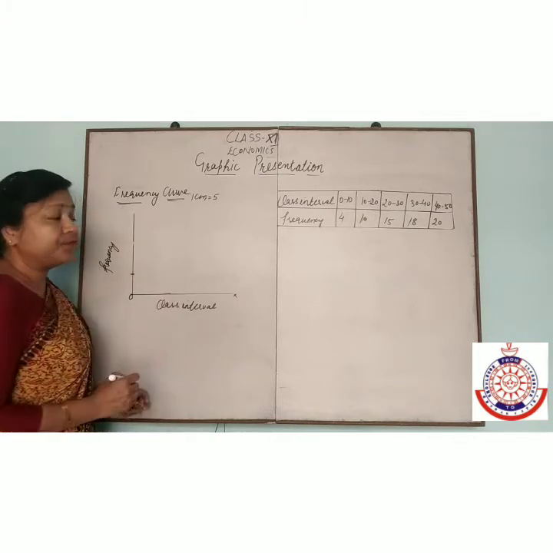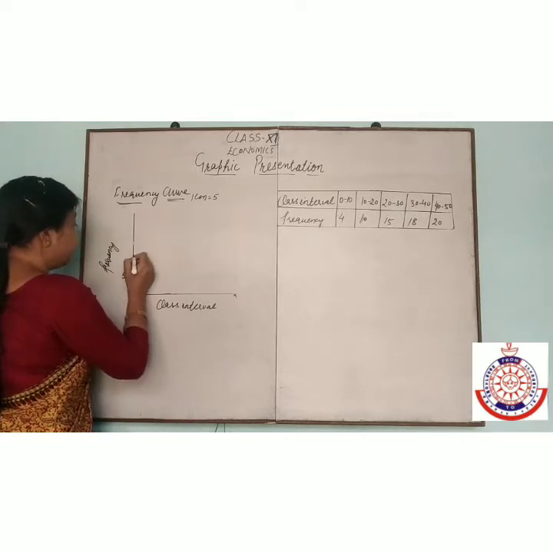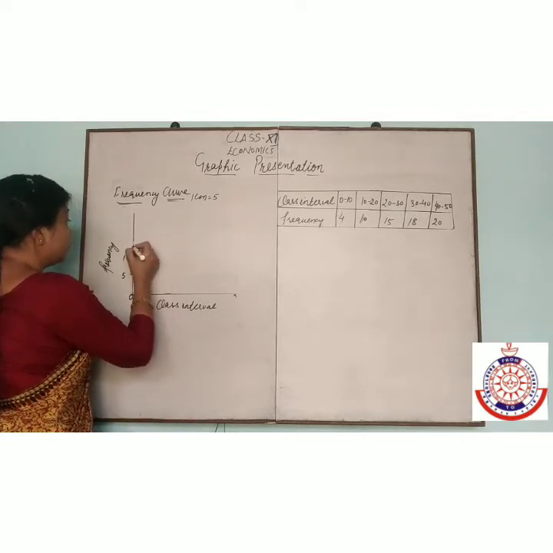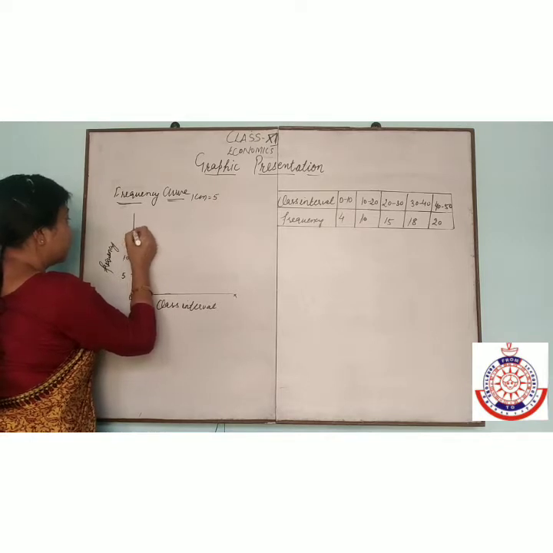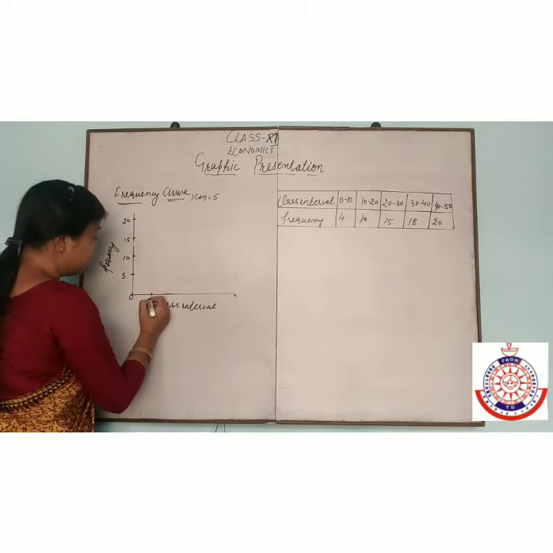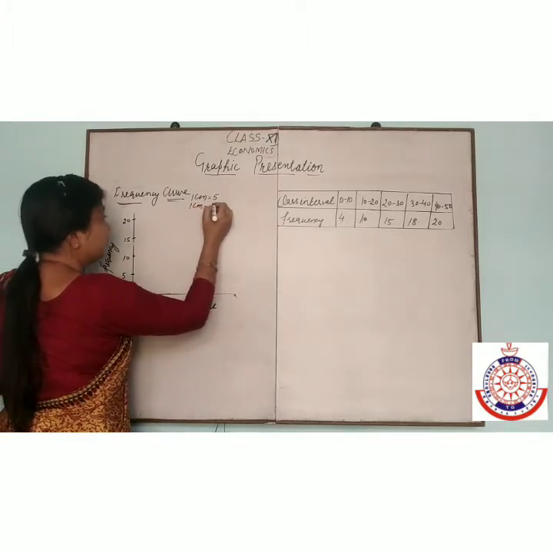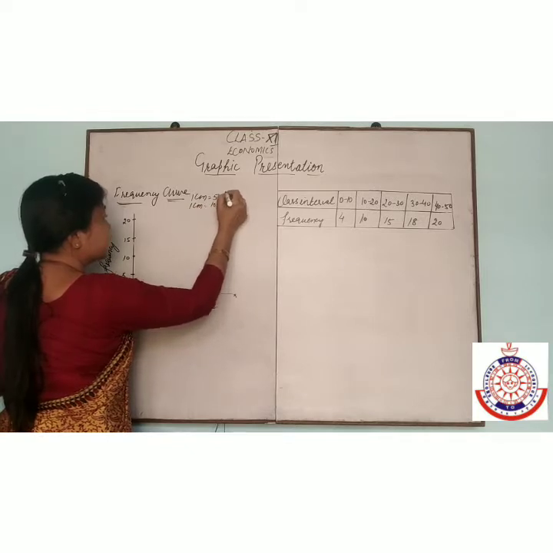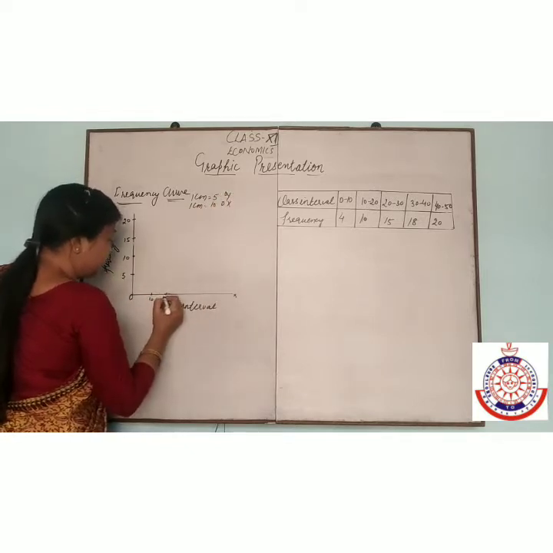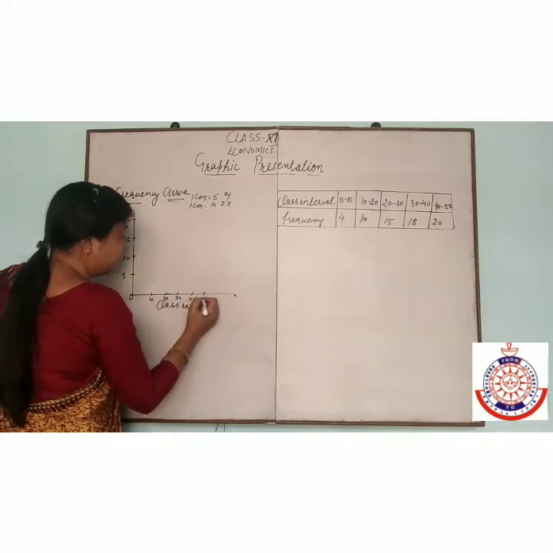Here the maximum frequency is 20, so we will take 1 centimeter equal to 5 on the OY axis, and on the OX axis 1 centimeter equal to 10: 10, 20, 30, 40 and 50.